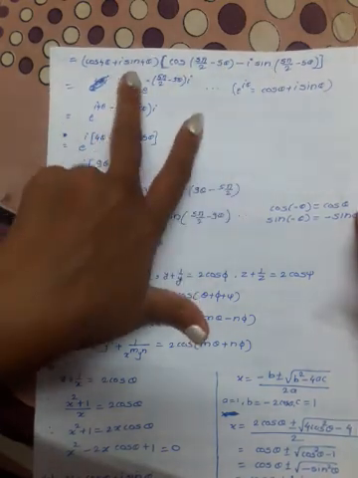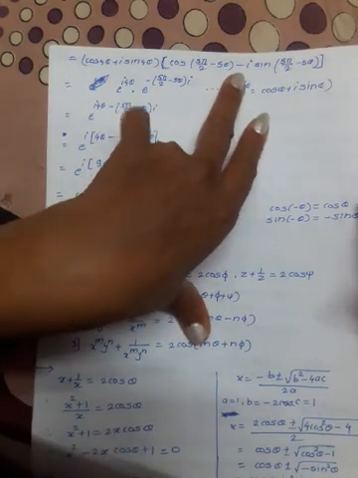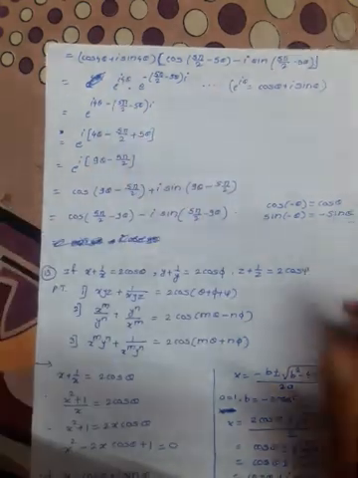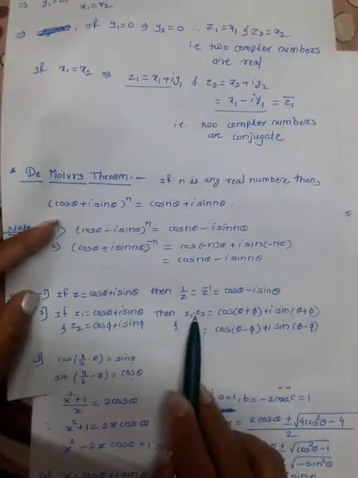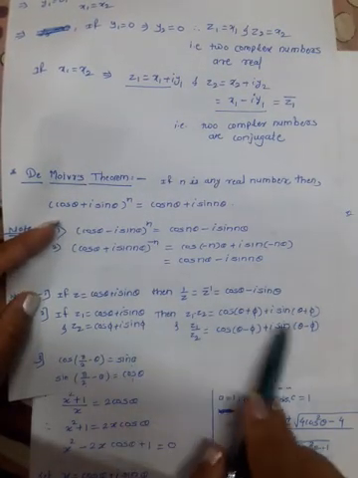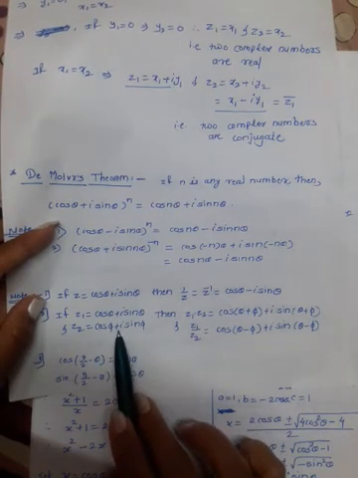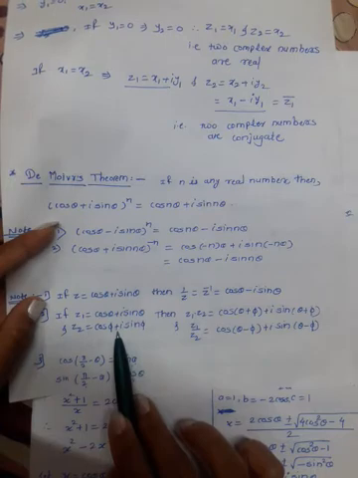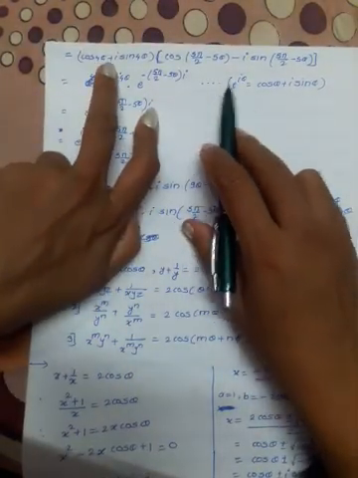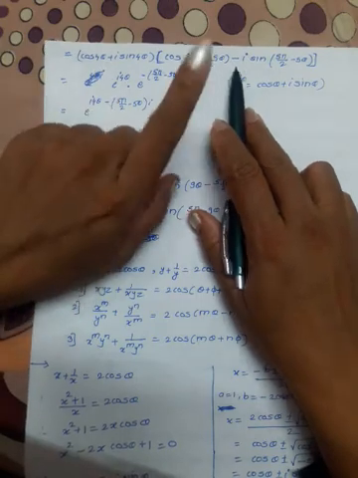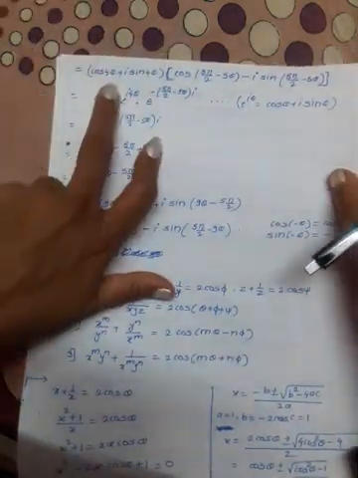That is the simple way. But one bracket is plus, the other bracket is minus. That's why we can't use that simplification, where z1 into z2 is cos of the addition of the angles only. The middle sign of these two complex numbers is the same, positive. Here this is not the case, one bracket is positive, the other bracket is negative.